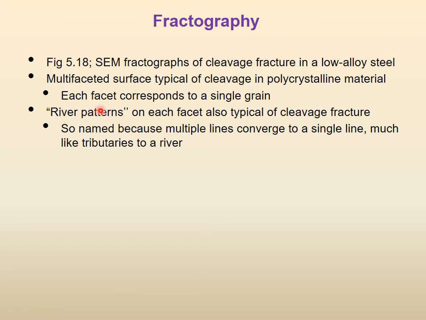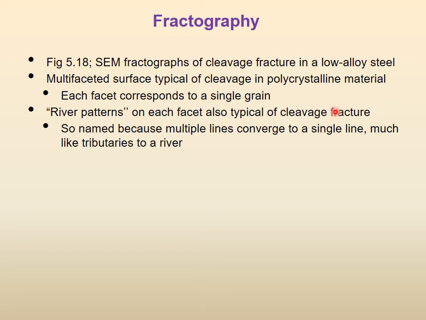And river patterns. Imagine a river passing through some area, and now the river has passed and you just see the marks on the sand or the gravel. Then there are lines and lines and lines which show that the river passed through here earlier. So in these fractographs, these patterns are called river patterns on each facet, also typical of cleavage fracture.